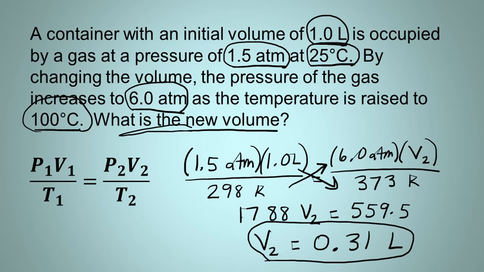If you have a problem where it's only pressure and volume that are changing and the temperature is not changing, well, that's P and V. That's Boyle's law. And if you have a problem where volume and temperature are changing, well, that's V and T. That would be Charles' law. And so using this idea and these examples, you can solve problems using any of those 4 gas laws. And so all you have to do is plug and chug with Krug.